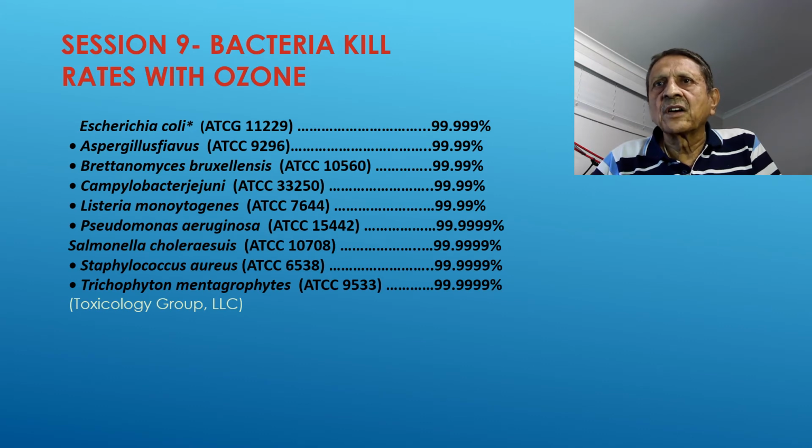The concentration of ozone applied is less than or about 0.02 ppm, and you will find that at that concentration, all the bacteria, Aspergillus, Brettanomyces, Campylobacter, Listeria, Pseudomonas, Salmonella, Staphylococcus, and Trichophyton, are killed.